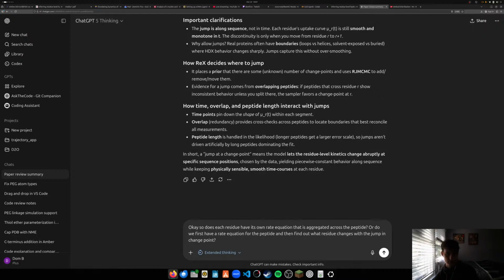Let's see, provides cross checks. Most of the residue level kinetics change abruptly at specific sequences.